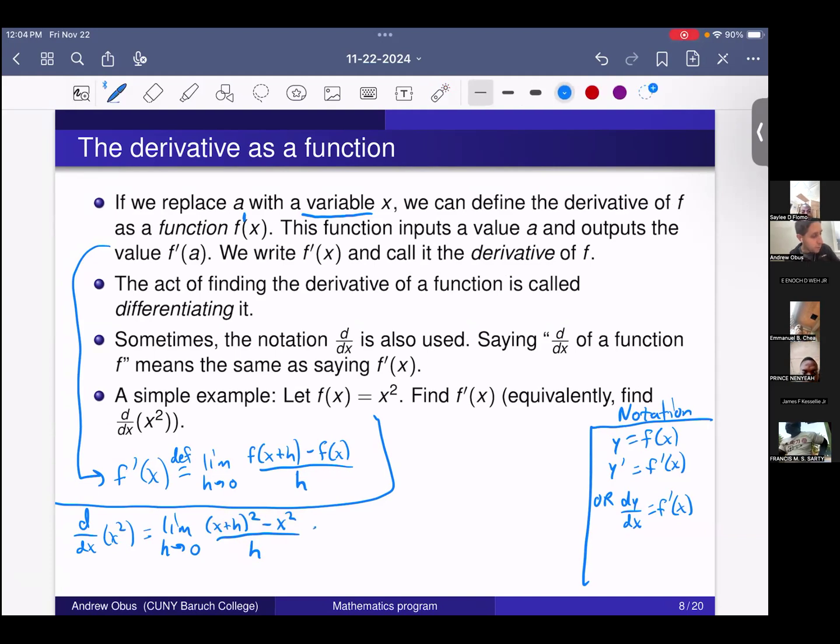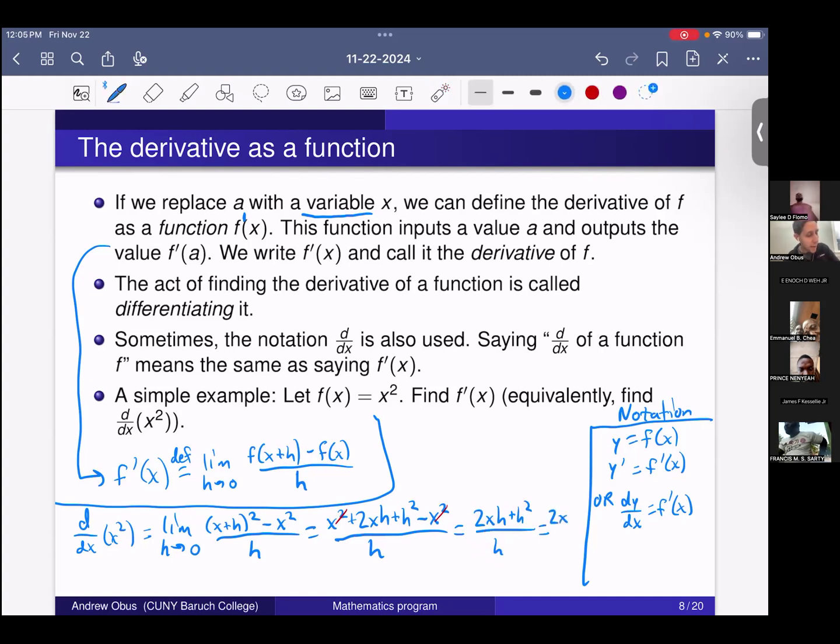Sure. Remember, we have the binomial theorem for expanding (x plus h) squared. That's x squared plus 2xh plus h squared minus x squared, divided by h. The x squareds cancel each other out, and we're left with 2xh plus h squared divided by h. We can simplify this because h is a factor of the numerator and of the denominator.